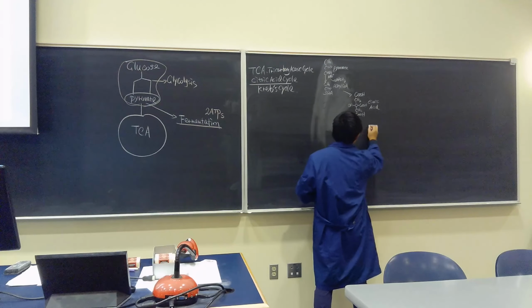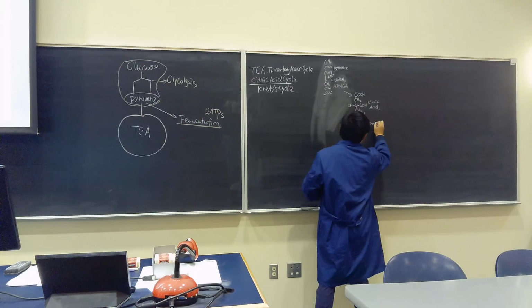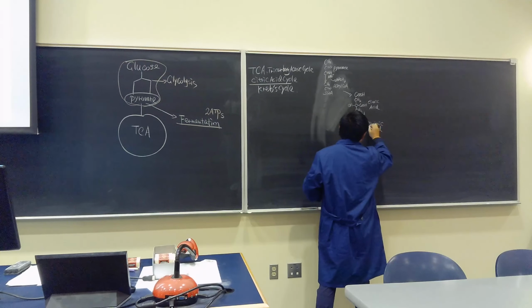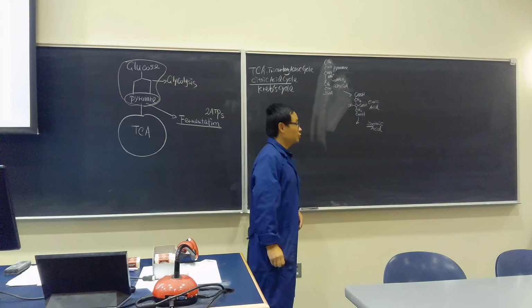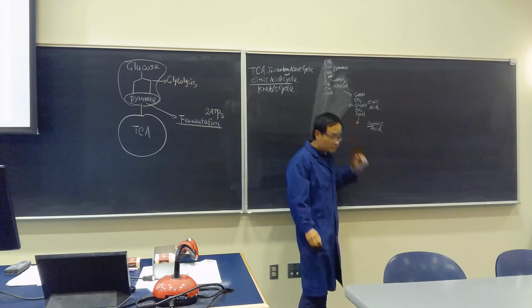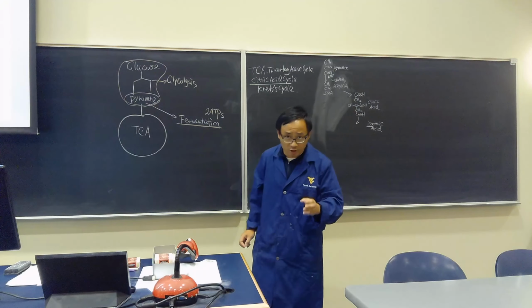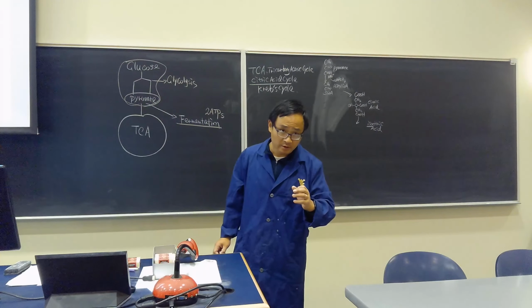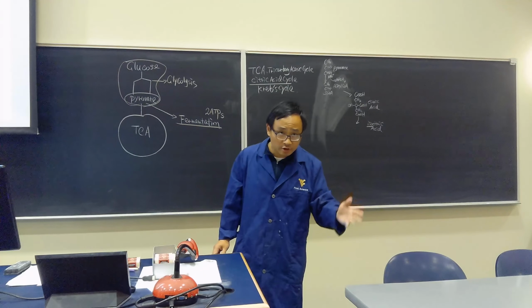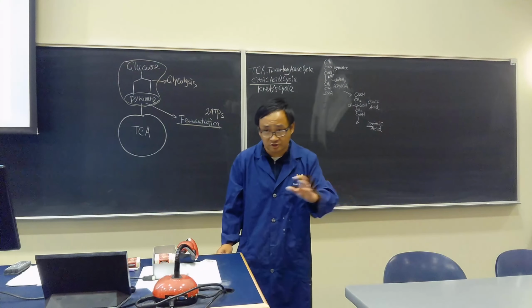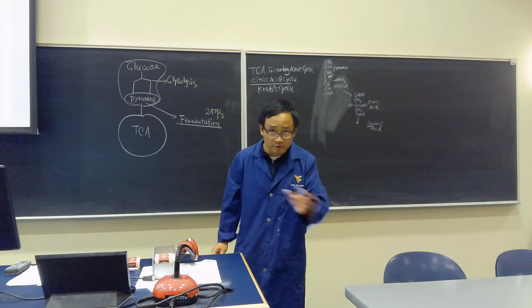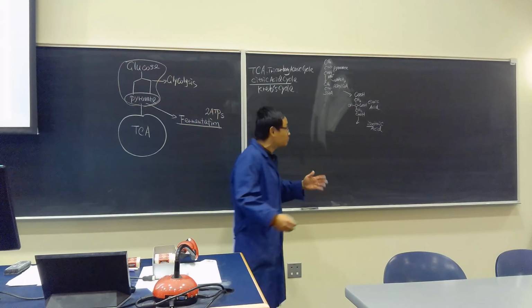So what is that? Since it's called iso, it means they're going to make some change to the citric acid, but that change will be very minimal. In other words, the structure basically looks the same, and the molecular formula is the same, only a little bit of place moved.